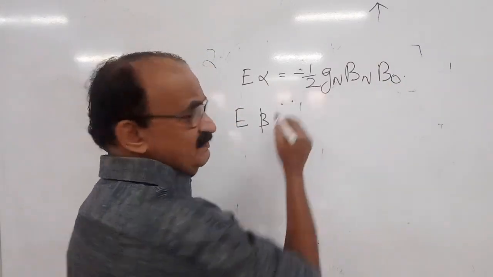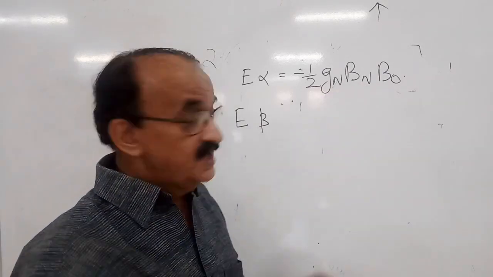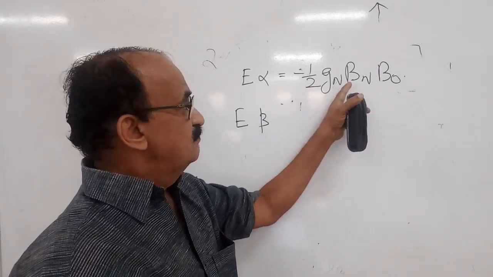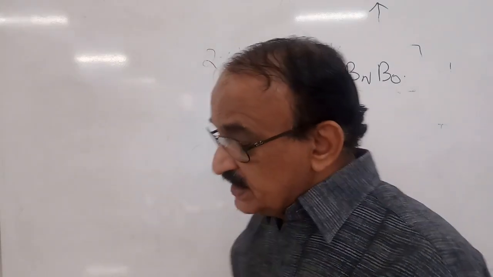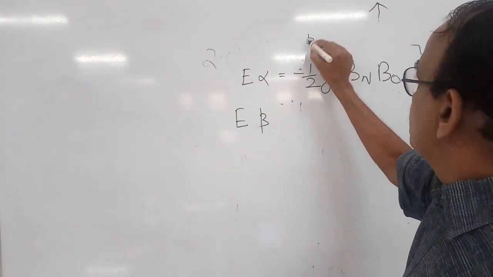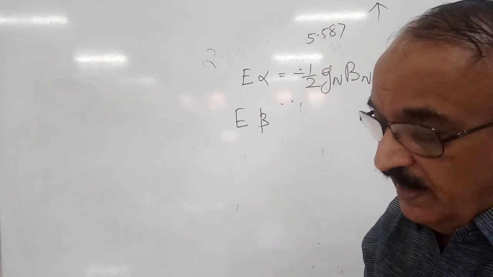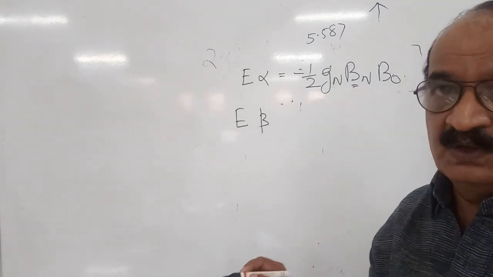Minus represents the quantum number. Gn and Bn are constants. Gn is called the nuclear G factor, and Bn is the nuclear magneton. The nuclear G factor Gn equals 5.587.